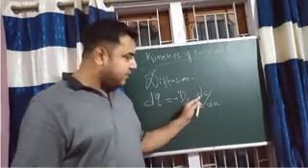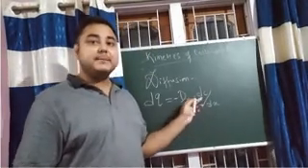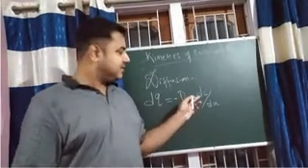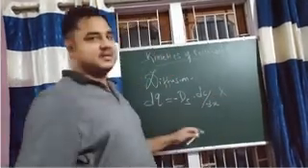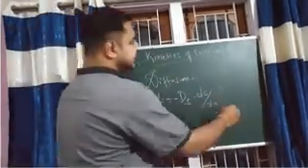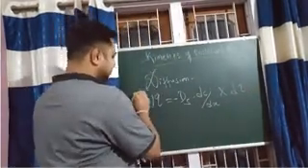This is the amount of diffusion taking place per unit area, multiplied by dt, the time. So this is the equation.